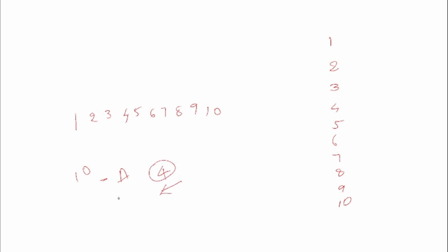The question is to find A's position from the right, where A's position from the left is given in a row of 10. So A's position is fourth from the left: 1, 2, 3, 4. What we have to do is find A's position from the right side of the queue.